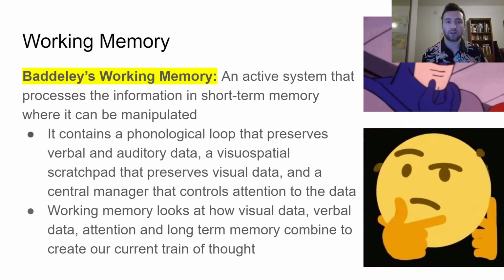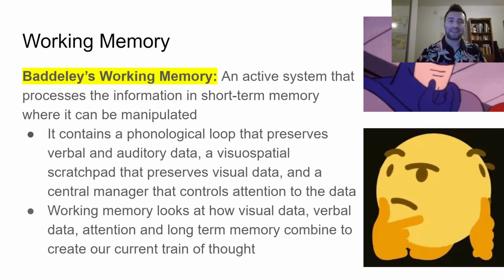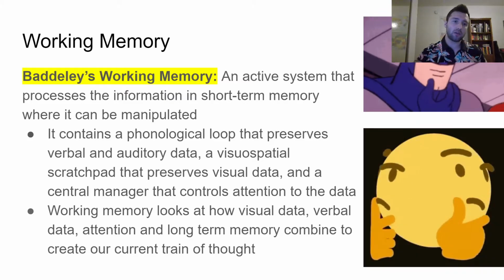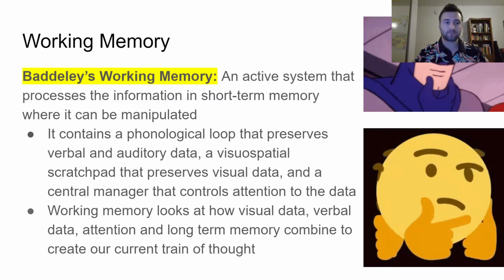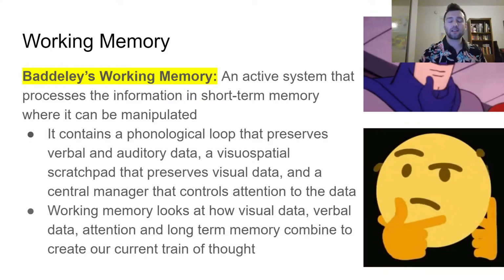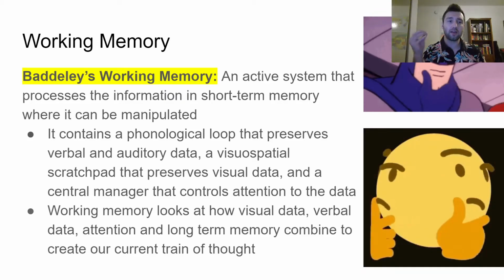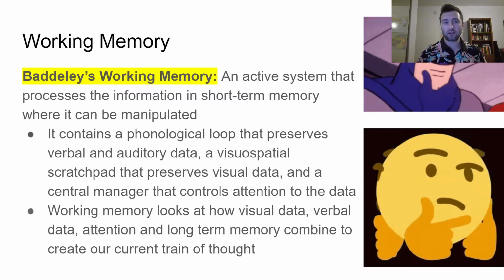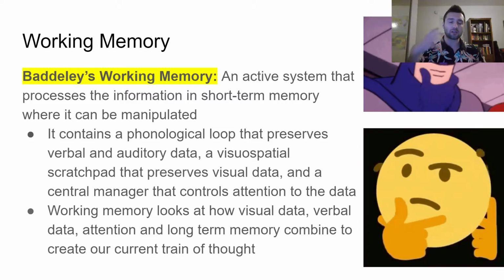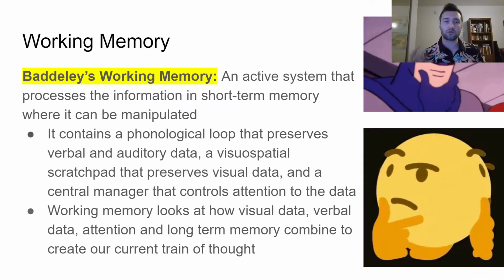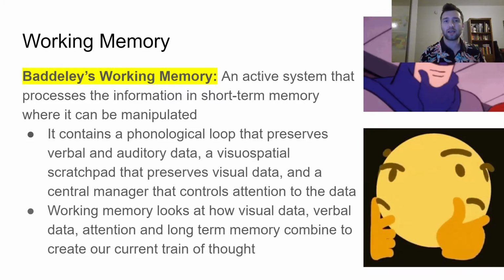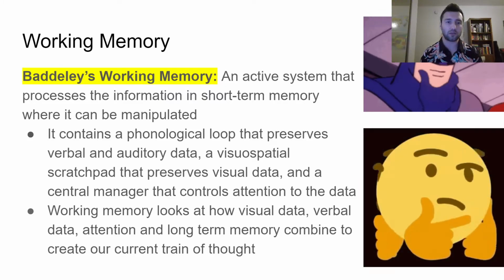What the difference might be is that this is an active system of processing information. It's not necessarily just that this information is coming in and being held in our brain, but it can also be manipulated. And that's really important because obviously when we think about stuff, we don't just think about exactly what someone said, right? We can mess with it a little bit.